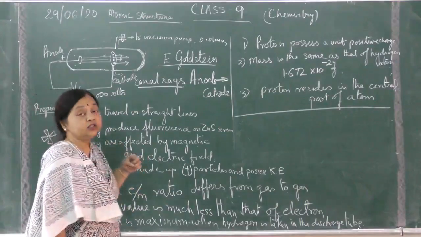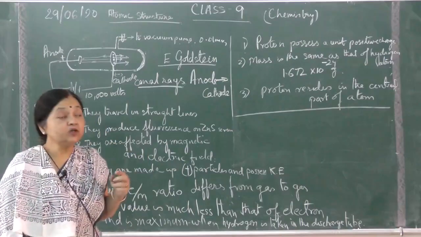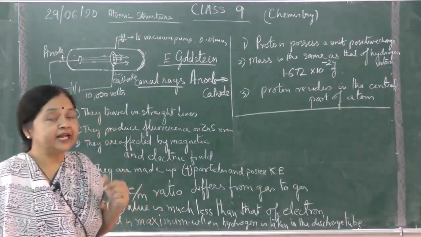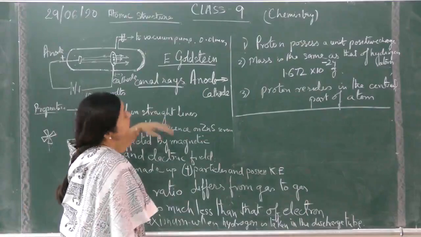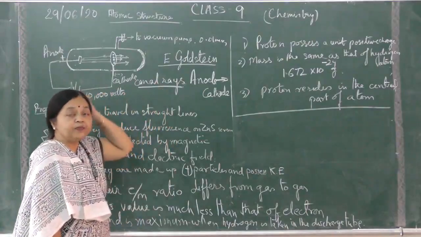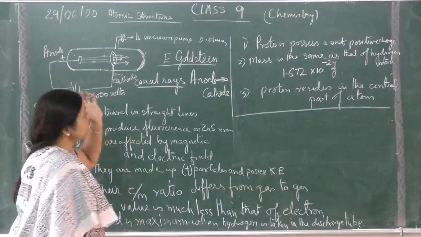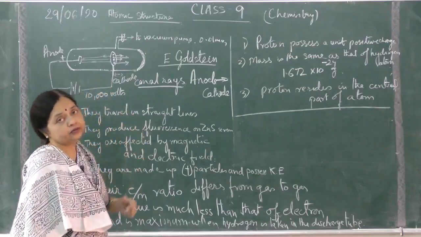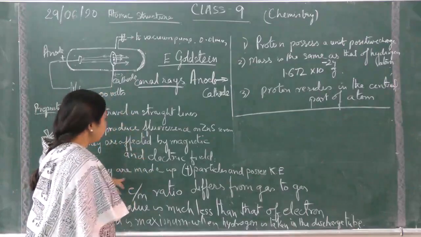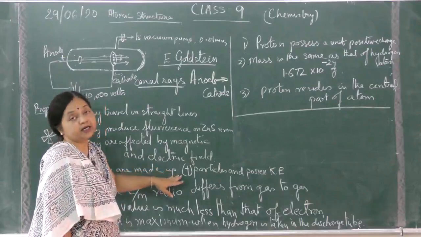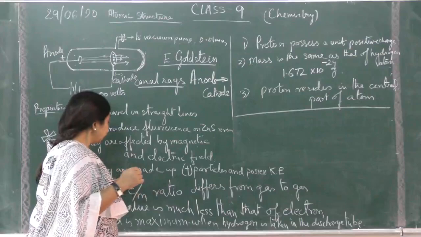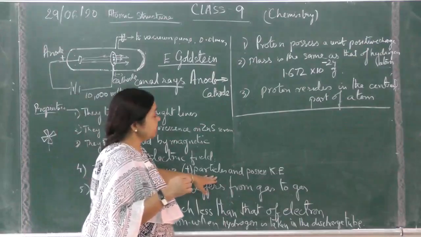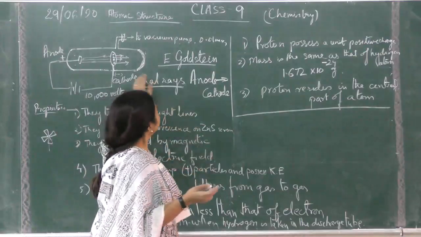The electrons or the cathode rays were attracted towards the positive pole because they were negatively charged, and these are positively charged particles, so they are deflected towards the negative pole. The cathode rays were made up of negative particles, and the anode rays are made up of positive particles and possess kinetic energy. They have motion.